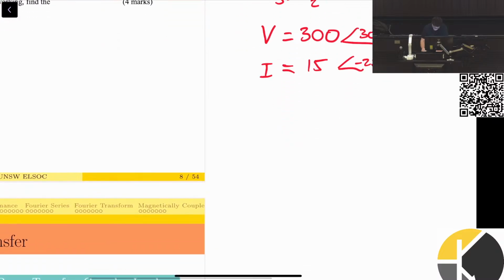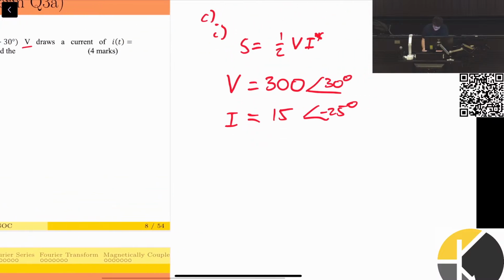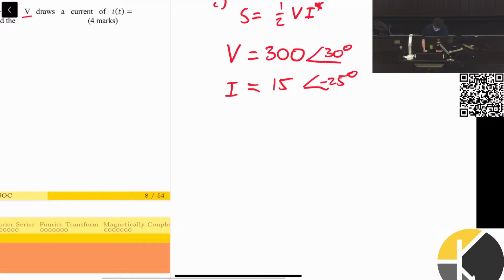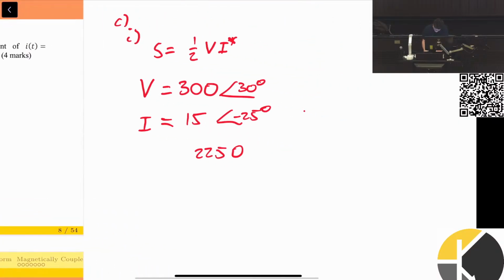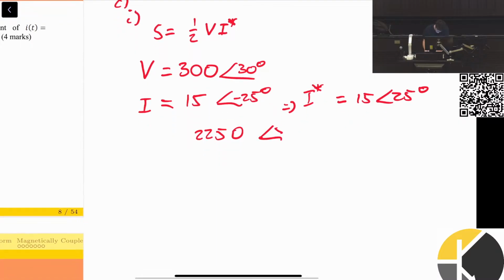We just plug it all in. If you've got a calculator, you can do that. That should be 2250. Remember that I star is the conjugate, which means you just flip the angle, and we get angle of 55 degrees.